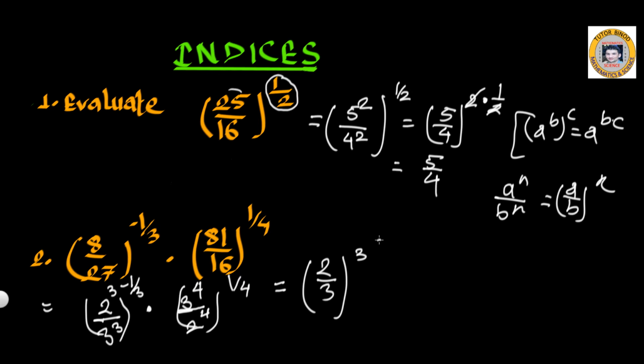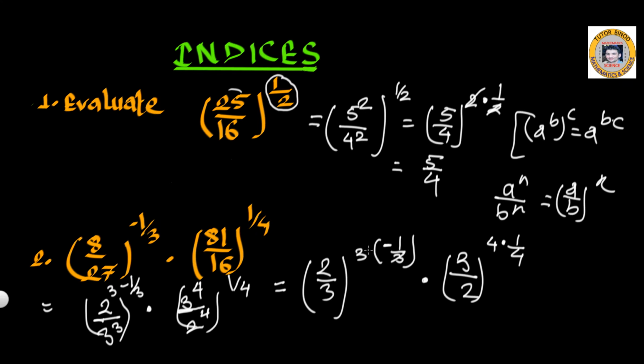It's negative 1/3, so I can multiply that. Similarly, I can do the same thing for the second term, (3/2) to the power 4, but I have to multiply this with 1/4, because 1/4 is given to us in the question.